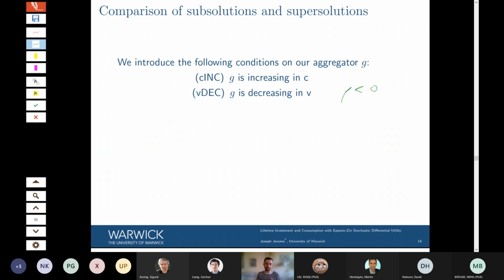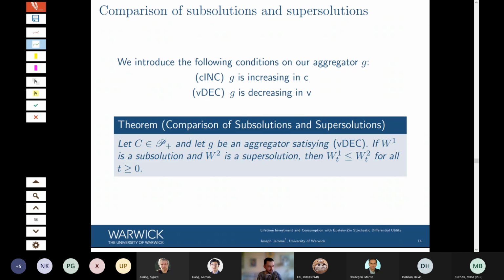So this is a bit of a delicate case, but I'll talk about that at the end. So we are going to have to assume this, but there's not really anything we can do about that at the moment. And then provided that we are decreasing in V, we have that a subsolution is less than or equal to a supersolution.